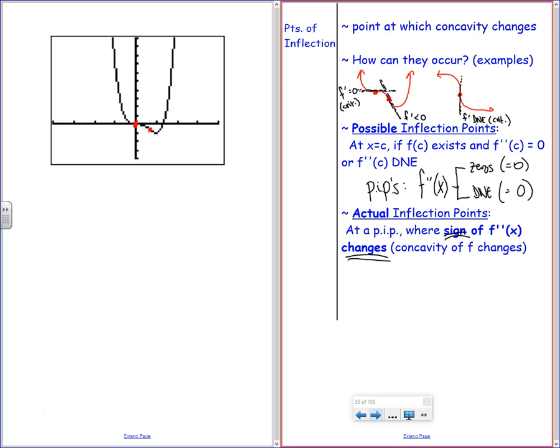Just like relative extrema are critical numbers where the sign changes, mins and maxes depending on how the signs of the first derivative change, inflection points are pips where the sign changes. So when the first derivative changes signs, f has relative extrema, as long as the function exists. Where the second derivative changes signs, the original function has points of inflection, as long as the original exists.